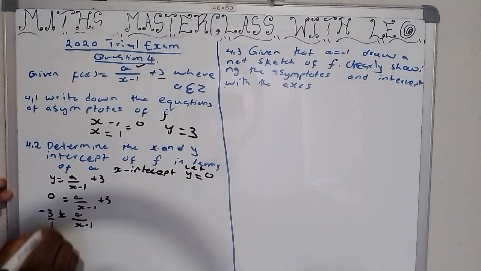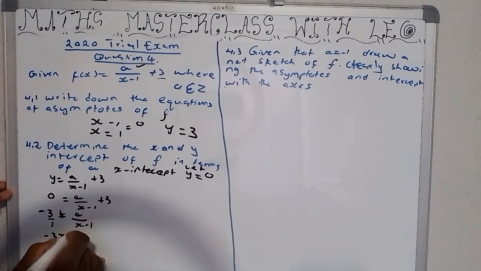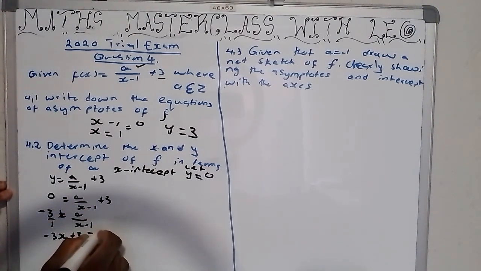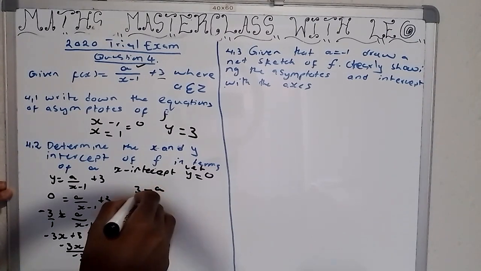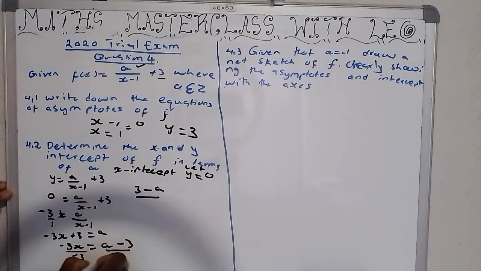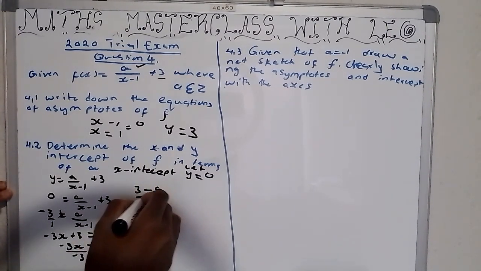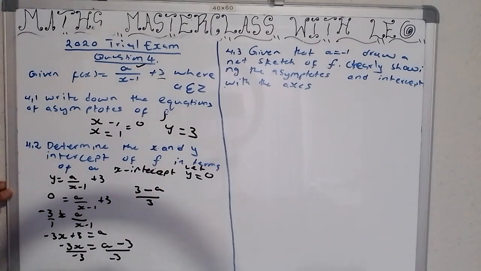Cross multiply, I'm going to have negative 3x plus 3 is equal to a. Take this 3 to the other side. I'm going to have negative 3x is equal to a minus 3, divided by negative 3 on both sides. Then x is equal to 3 minus a over 3, right?